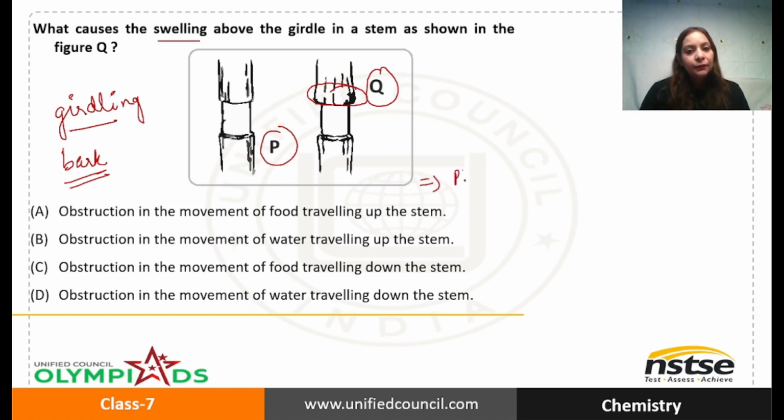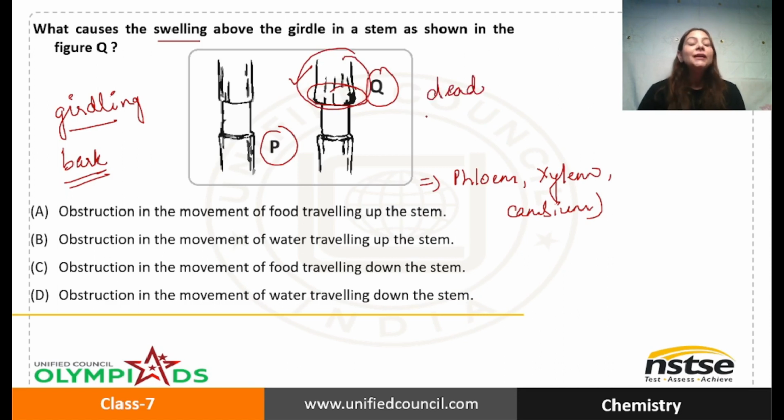Its phloem, sometimes its xylem, that is the food conducting tissue and water conducting tissue, xylem, cambium. These all are removed when you do this. Now what happens when you remove these parts? Then the part which is above the girdle, with time becomes dead, because it doesn't get the nutrients.